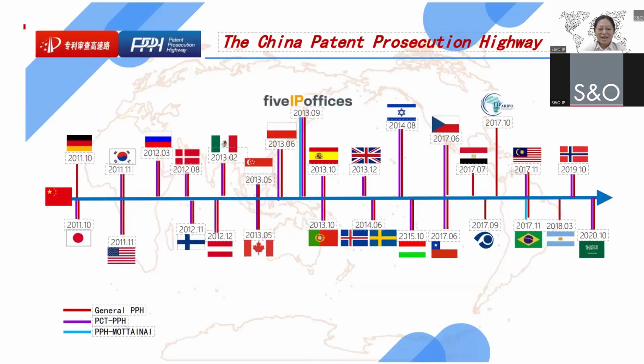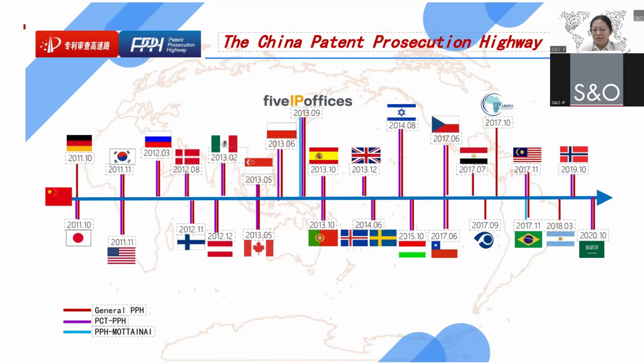Now, China has created CPPH cooperation with more than 20 countries and regions, including the United States, Europe, Japan, South Korea, Russia, and others.